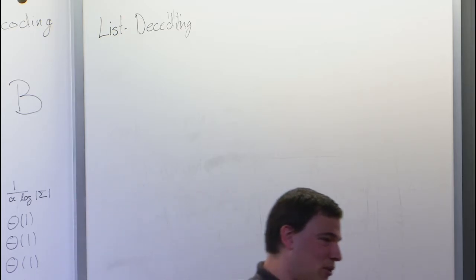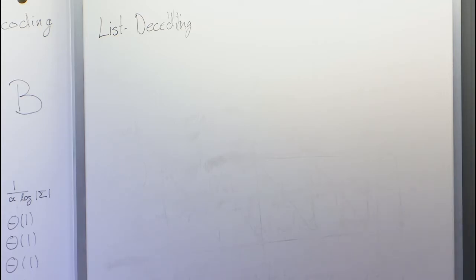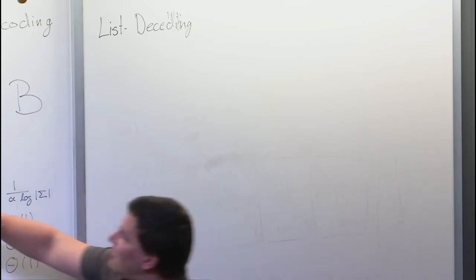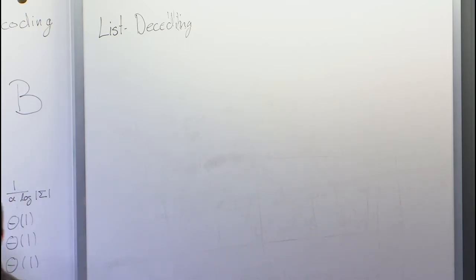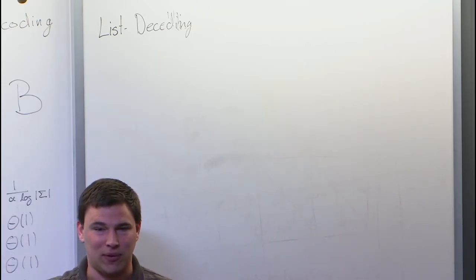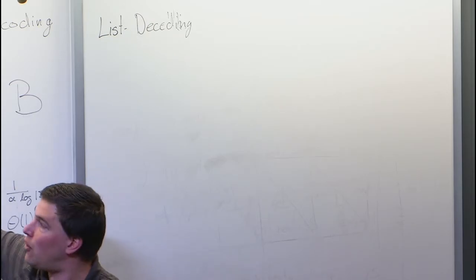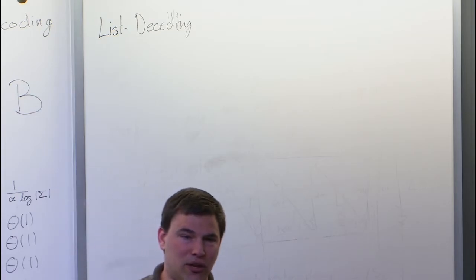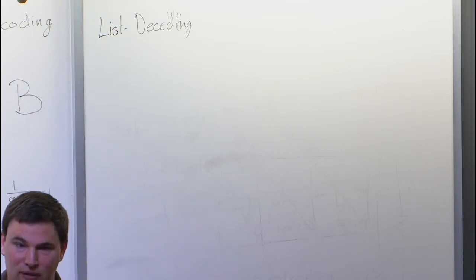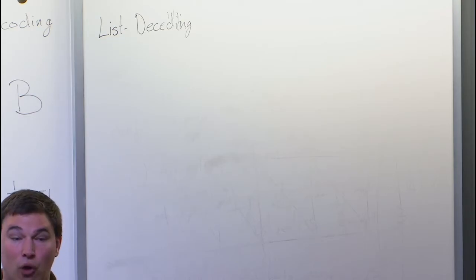So here, list decoding for error correcting code is just the following. Usually I say Alice wants to know exactly, Bob wants to know exactly what Alice said. Now list decoding says that you don't need to uniquely decode what Alice sent. It's good enough to generate a list of a constant number of things, let's say 100 different strings, and one of them needs to be correct.